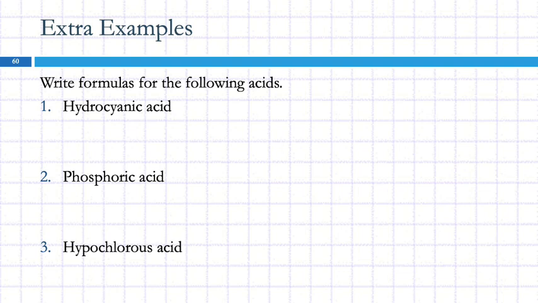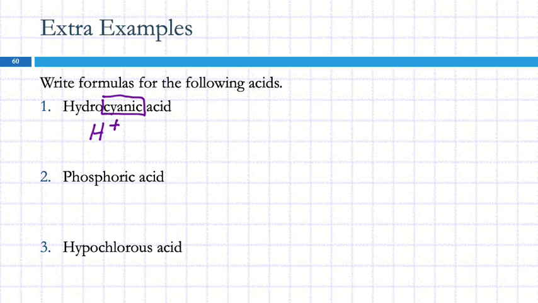Okay, let's do some extra examples. Hydrocyanic acid. Is this an oxyacid? No, because oxyacids don't start with hydro. So this is hydrogen ion and something else. Well, cyanic, it's not an element.